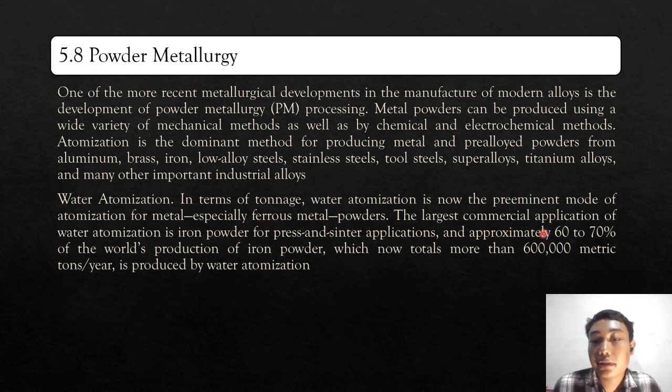The largest commercial application of water atomization is iron powder for press and sinter applications, and approximately 60 to 70% of the world production of iron powder, which now totals more than 100,000 metric tons per year, is produced by water atomization.